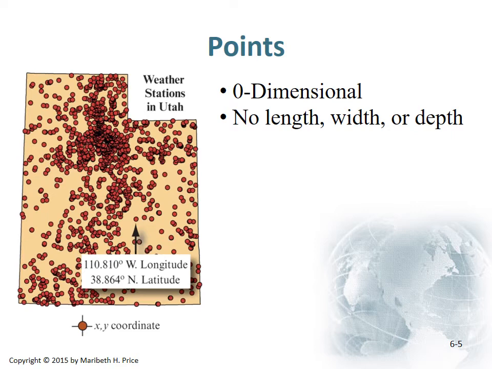But points are describing location, and we can attribute whatever coordinate system we want to those point locations, and then any information about those point locations that can fit into a table. So here, this is a map showing weather stations in Utah. We can have just the location information alone in the table.